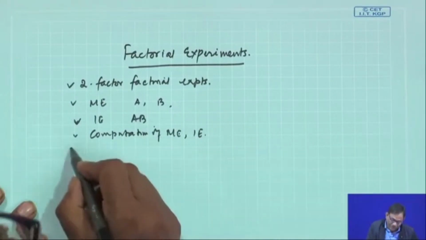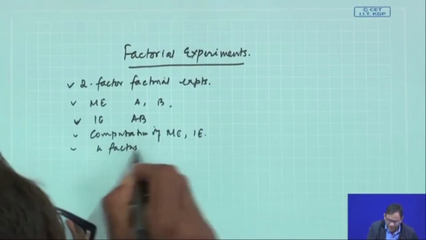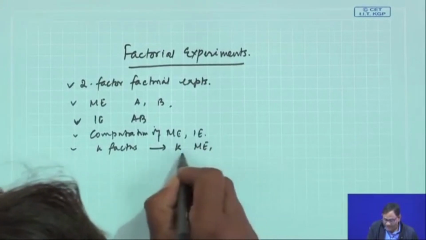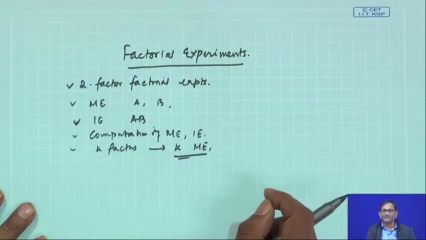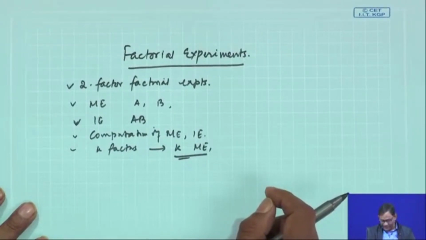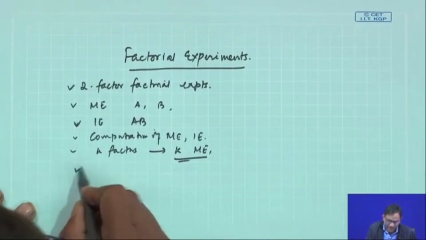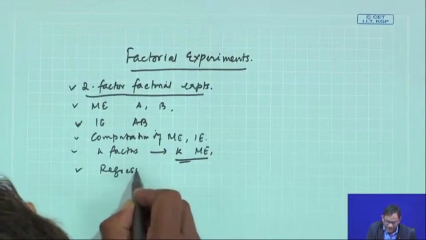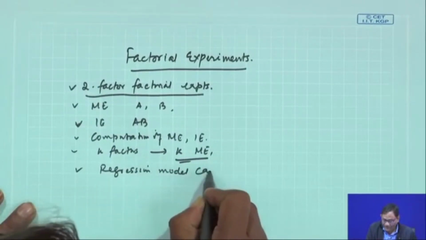We have also discussed that there may be k factors, and then k main effects, k C2 two-way effects, and k C3 three-way effects. In addition, for a two-factor factorial experiment, I showed you how the regression model can be developed.